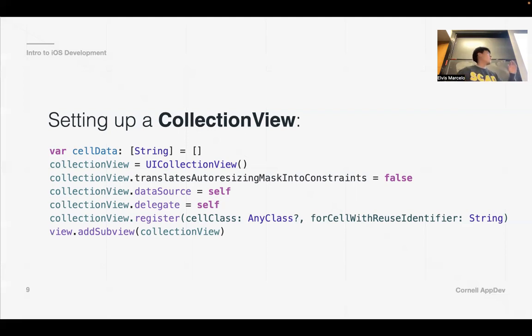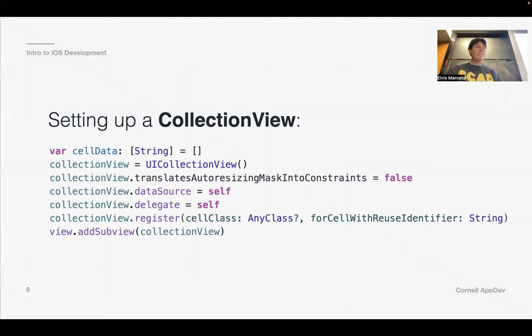It's a different class that tells you how to set up the information within the cell. That's where you do the register stuff. You register for some cell class, and that cell class is what tells you how the information within a specific cell is laid out. And then you also have a reuse identifier, and then you add it to the subview.